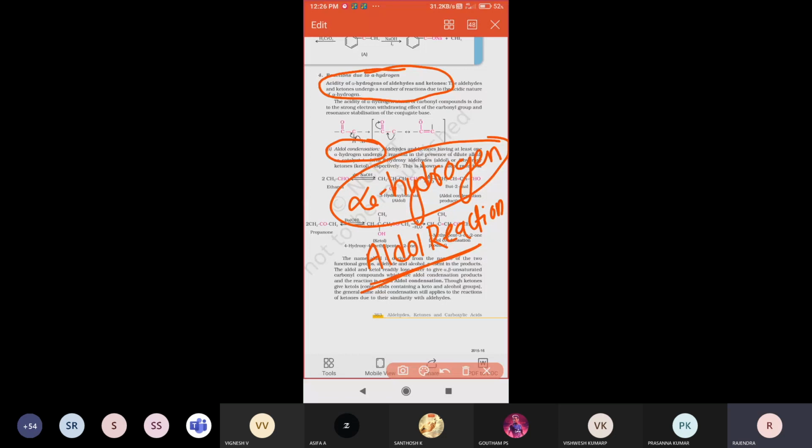So what is meant by a condensation reaction? Condensation is nothing but what is the meaning for that? Anybody knows?